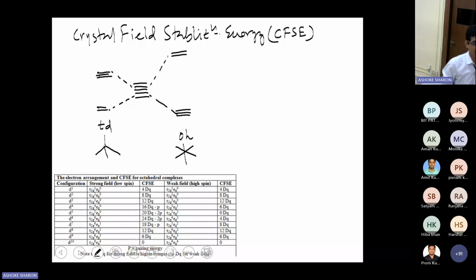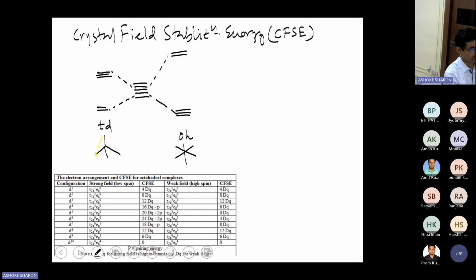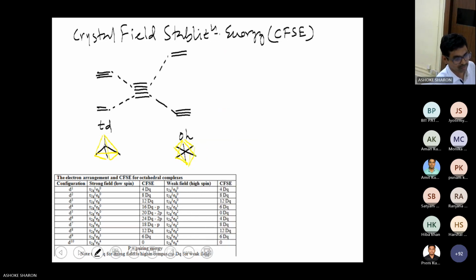So we have shown here two different geometries and the corresponding splitting. Here you see on the left side there is tetrahedral splitting, and on the right side there is octahedral splitting.